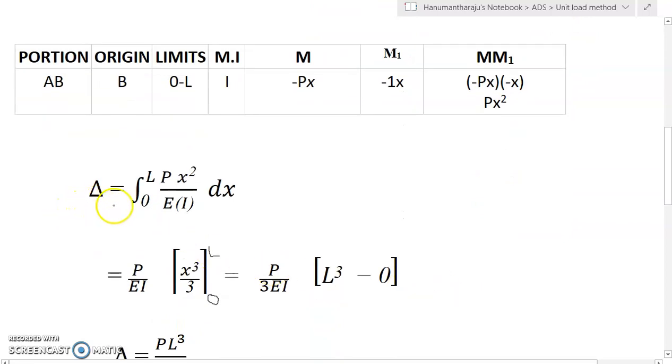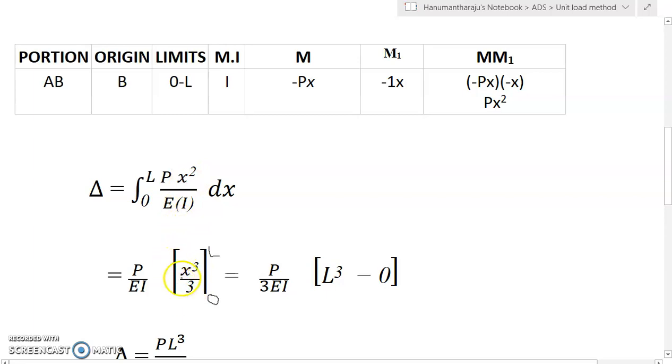Now, in the formula, let us take that M and M1, delta equals integration 0 to L Px square by E into I into dx. P by EI is constant. We will take it out. Integration of x square dx is x cube by 3.